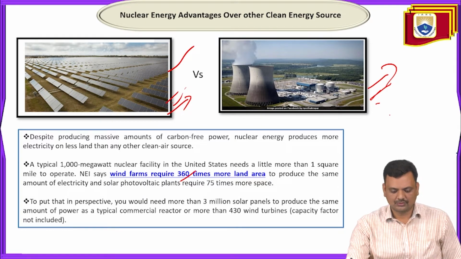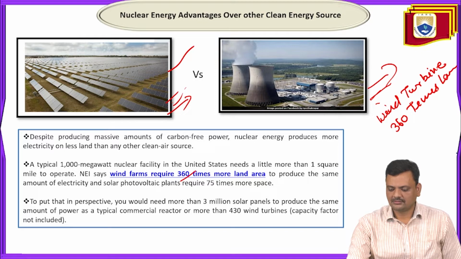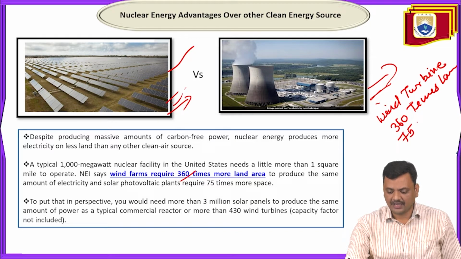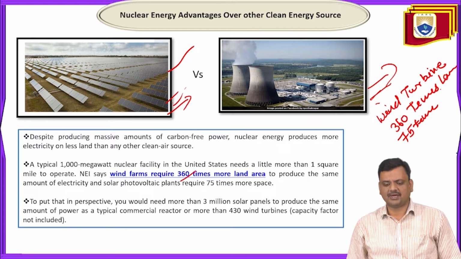Means if you use wind turbines, it requires 360 times more land, and if you use solar panels for generating the electricity, it requires 75 times more land or space.